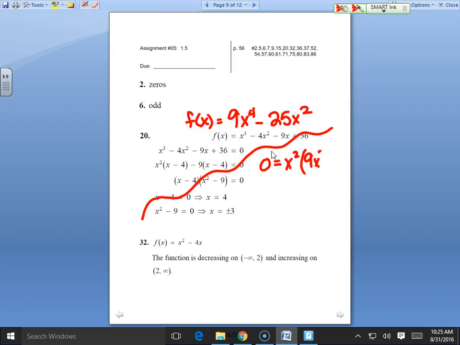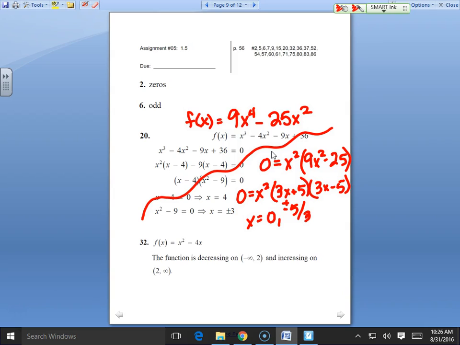You get 9x squared minus 25, which is a difference of squares, or could become 0. See it? So then I could say my zeros are, can I do plus or minus?